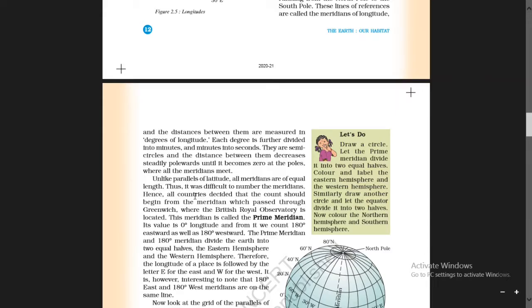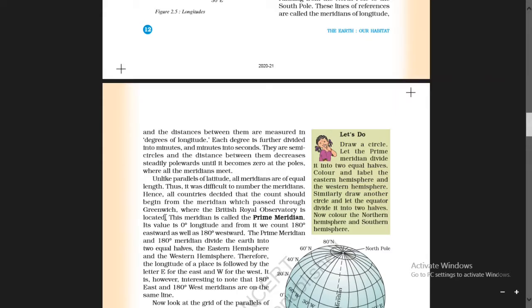Hence, all countries decided that the count should begin from the meridian which passed through Greenwich, where the British Royal Observatory is located.